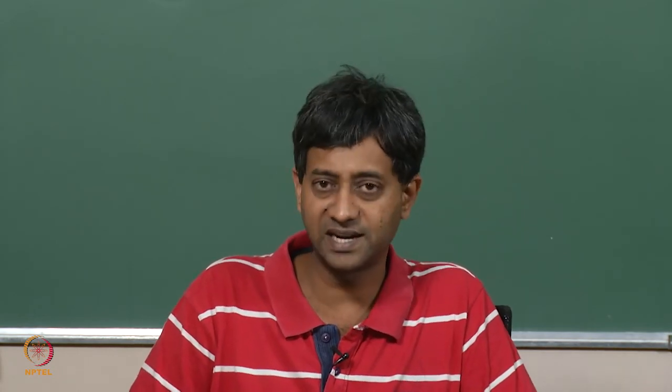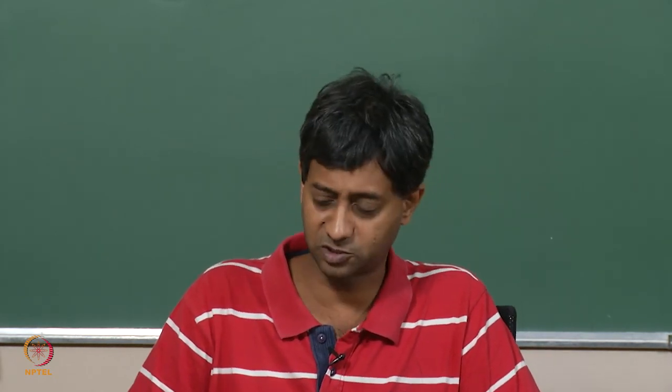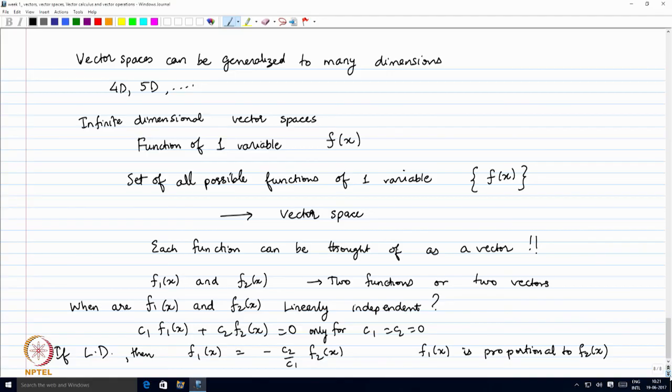Okay. And this obviously implies that the number of basis functions, the number of linearly independent functions, is infinite. You can have infinitely many functions that are not proportional to each other. In fact, I can take any two functions and multiply them, and I will get a function that is not proportional to either of them. So, basically what I want to emphasize is that this set of all possible functions is an infinite dimensional space.